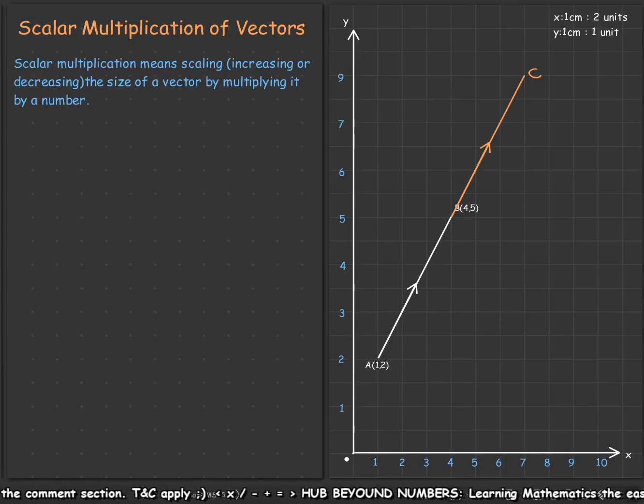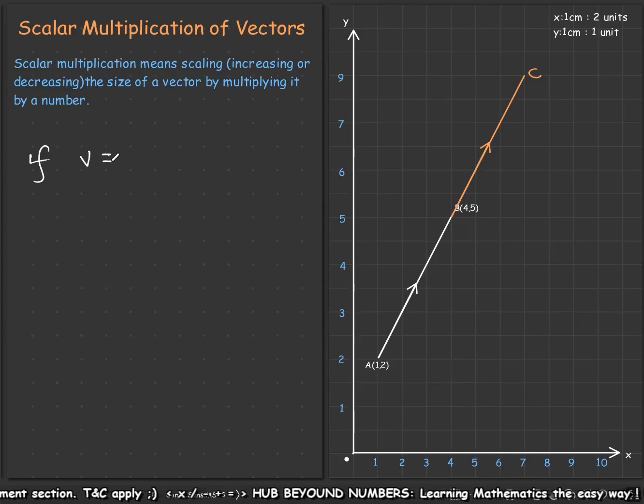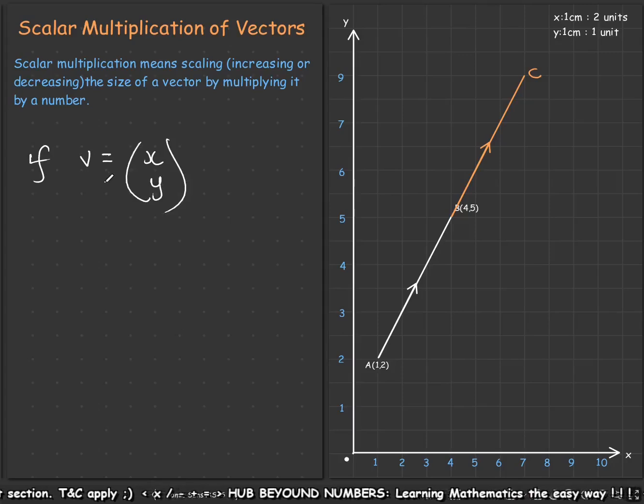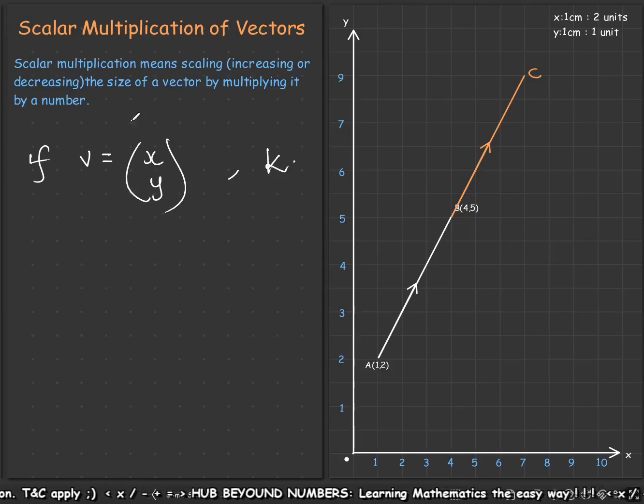So let's say you have a vector v. If vector v is equal to (x, y), and then you have a scalar, let our scalar be k. So this here is a vector and this is a scalar.